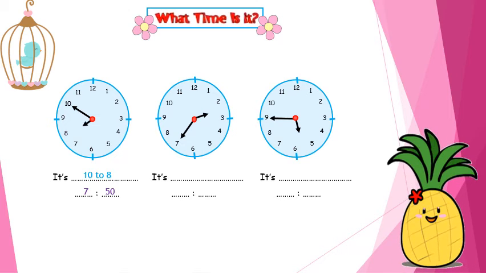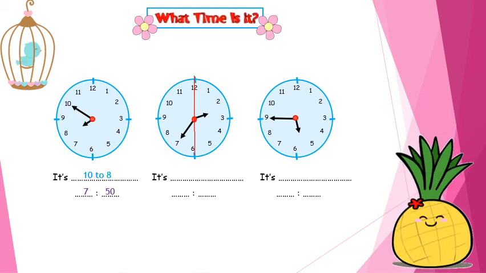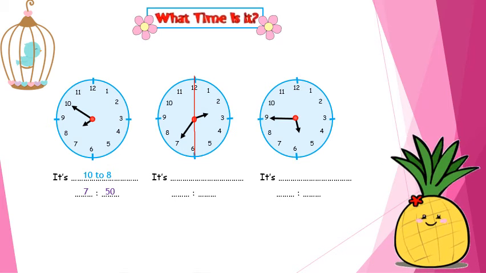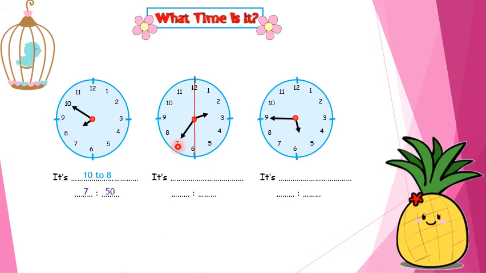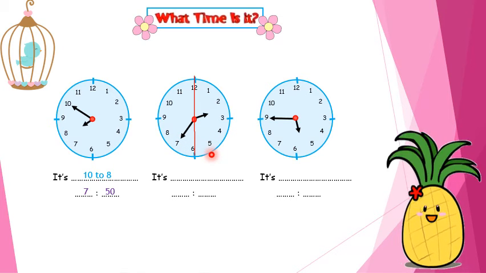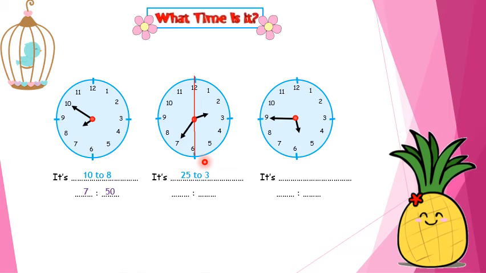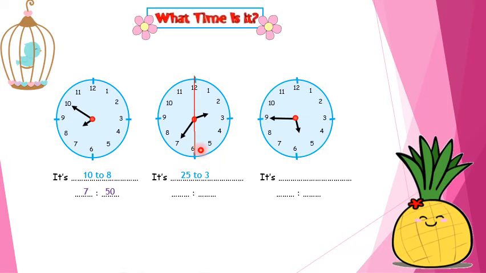Look at the next one we have here. As you can see, the long arm is on 7, so it's the other part, like a mirror. So in this part, I look at what's in the mirror of it, it's 5. So 5 represents 25 minutes, and this part is called to, so it's 25 to reach the next hour.